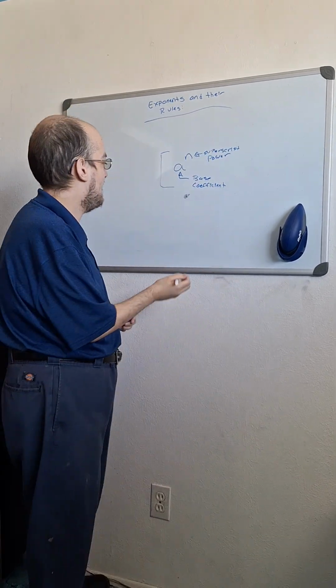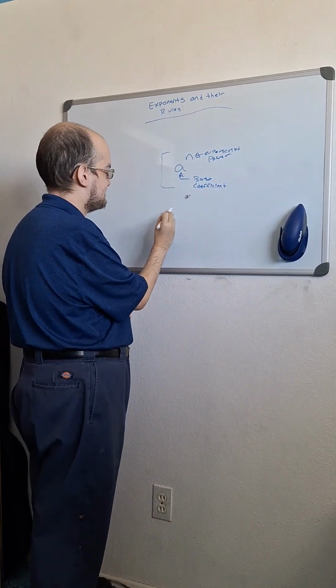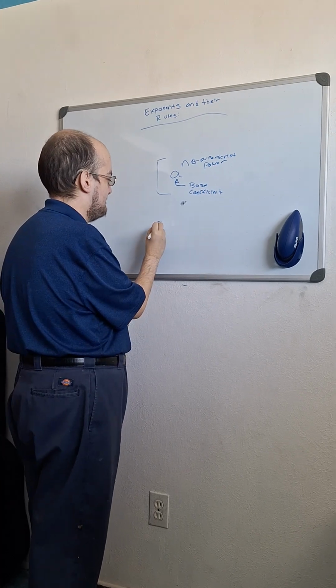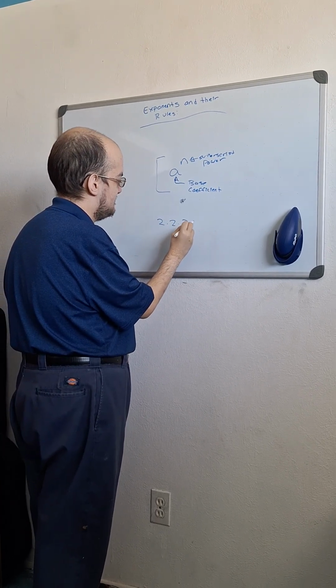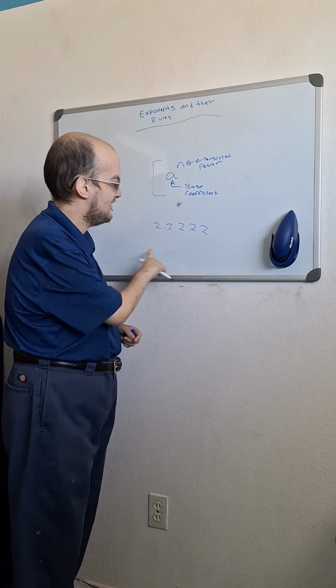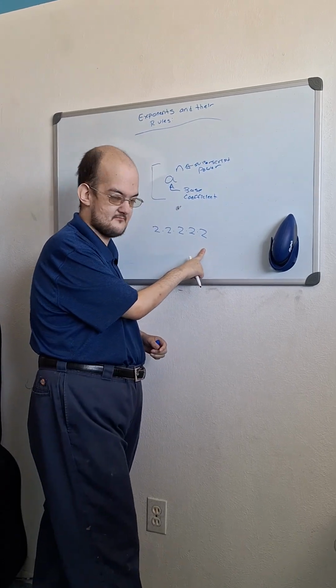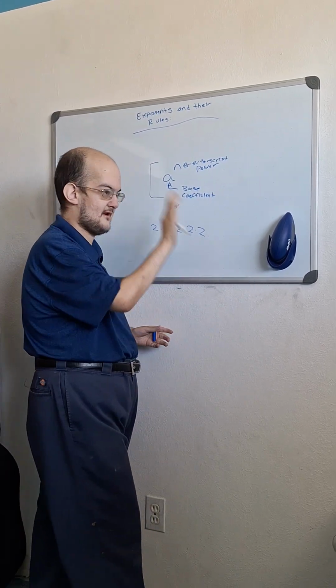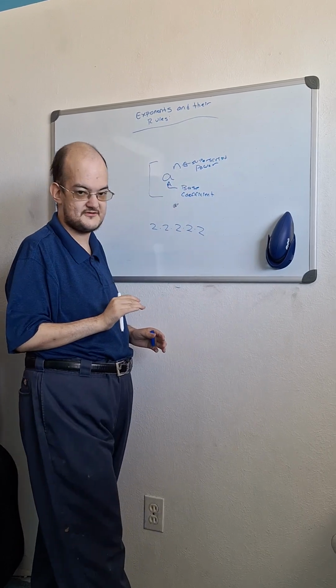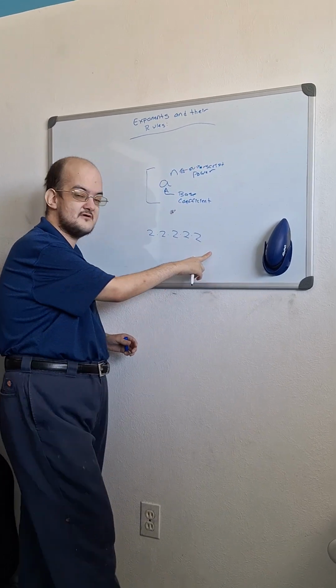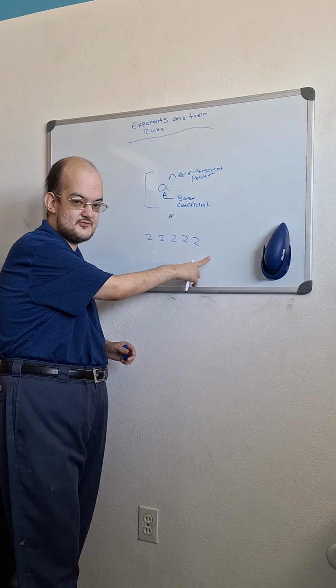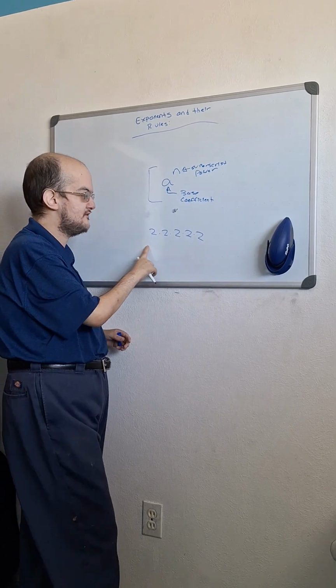So if I had a really big number and it went on, like 20 more number twos in the future, that's going to take me a really long time to write that out.